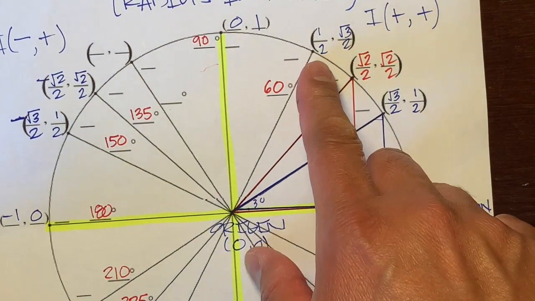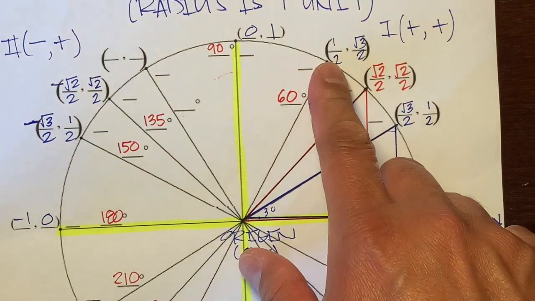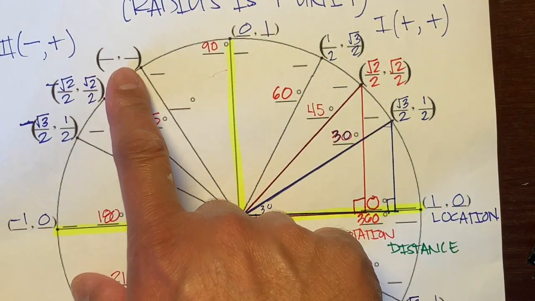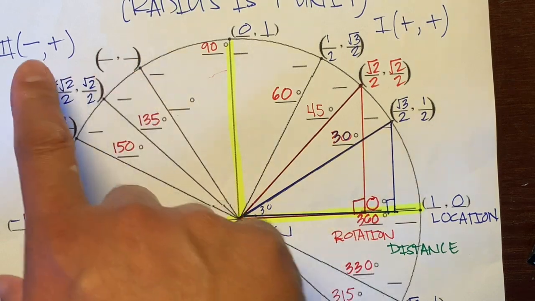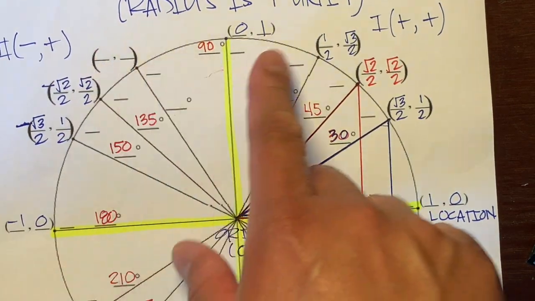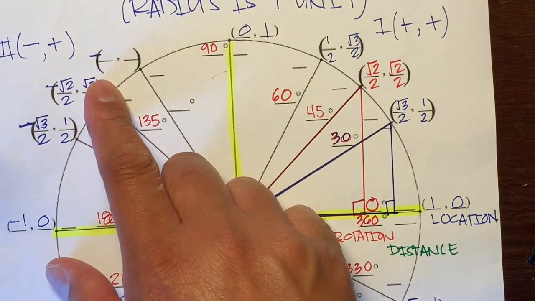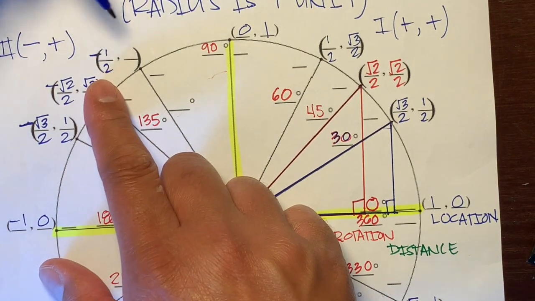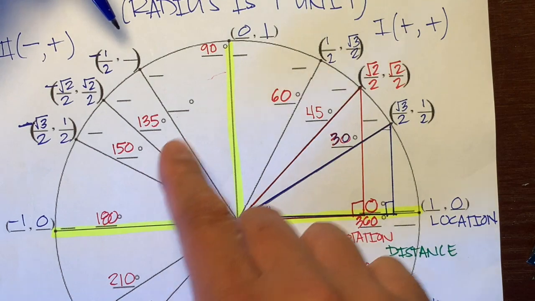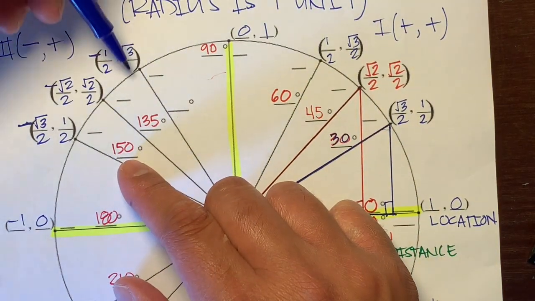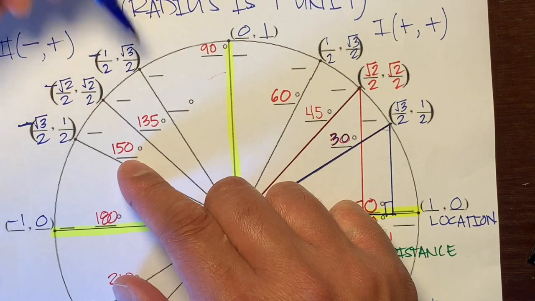So if we reflected this point over the y-axis, it would land right here, and that new coordinate would be negative, because it's in the second quadrant, negative 1/2 and positive radical 3/2.